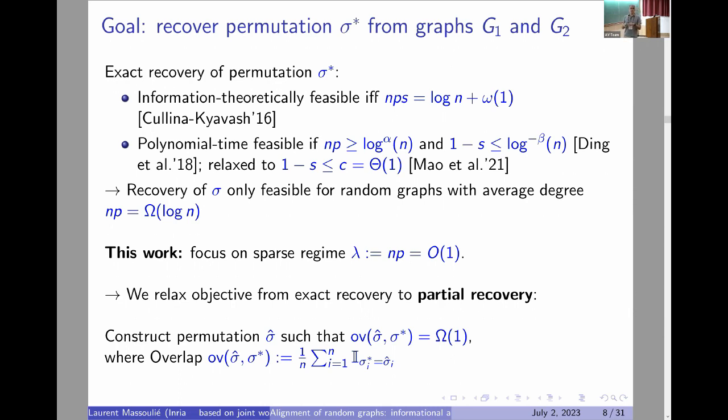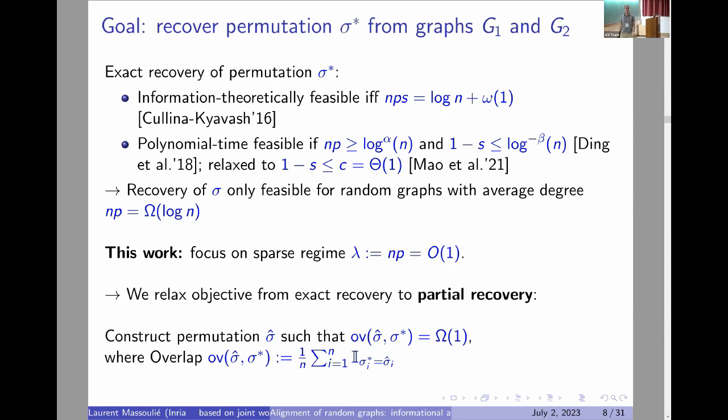This means I can build an estimator from the two observations that succeeds. So with high probability, it returns the desired sigma star without any consideration of how costly it is to compute the estimator. And so typically you will have some regimes where you can produce estimators, but they take exponential time to be computed. Nevertheless, they exist.